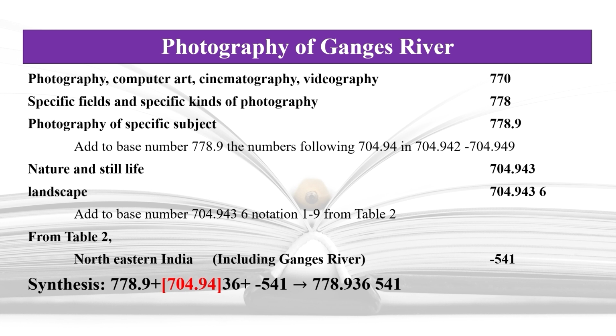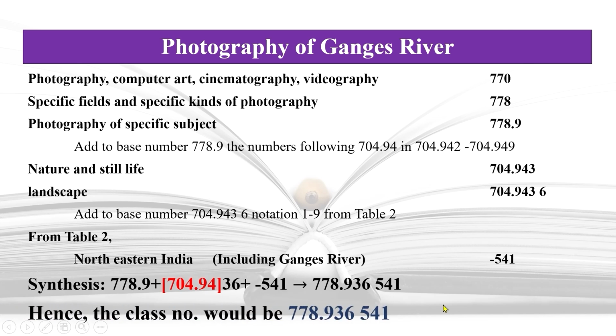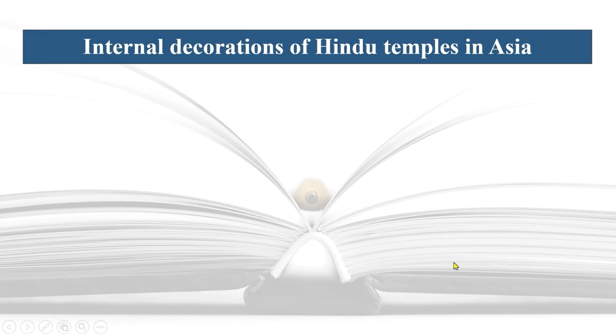As per the instruction, we have deleted 704.94, and then as per the instruction there we add the number for northeastern India, which includes the Ganges river, that is 541. So finally the number will be 778.736541. Okay.